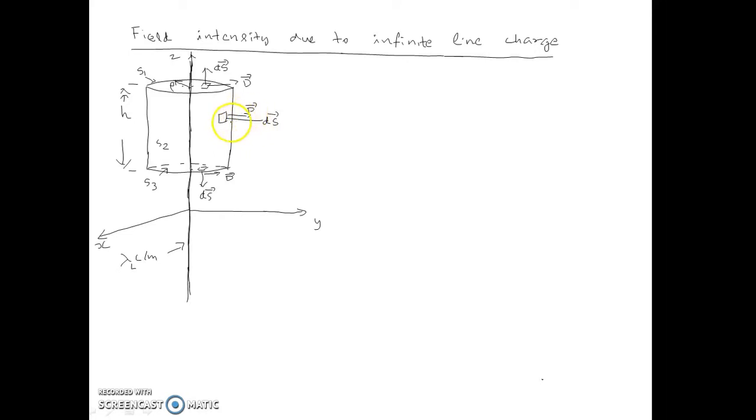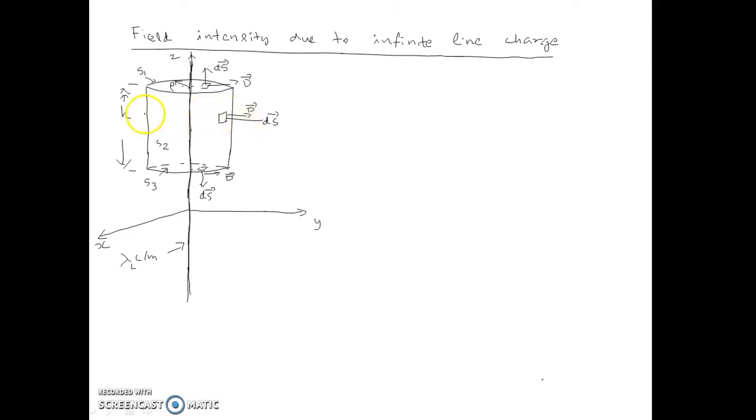So this is the direction of D and this is the direction of ds for surface S2. And for the bottom surface, again the electric flux density is tangential to all points of the surface S3. So we can observe that for S1 and S3, the electric flux density is tangential, and for S2, at all points of the surface, D is normal to the surface.